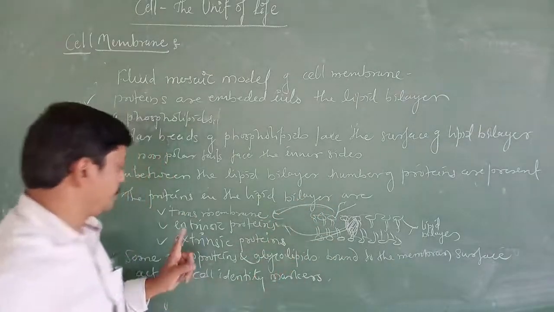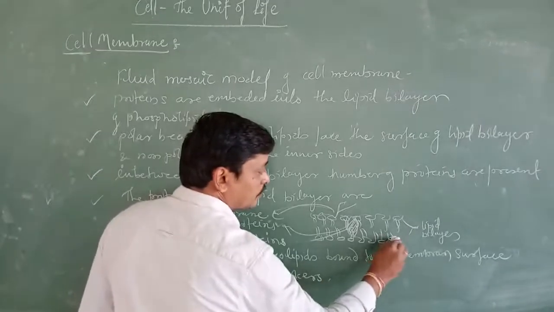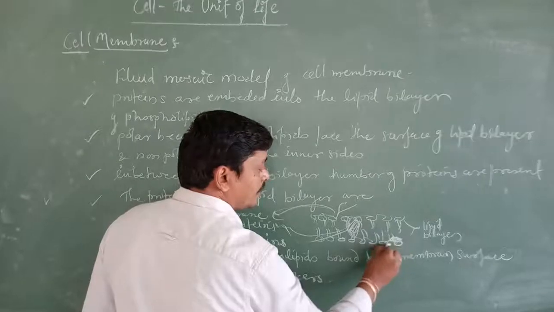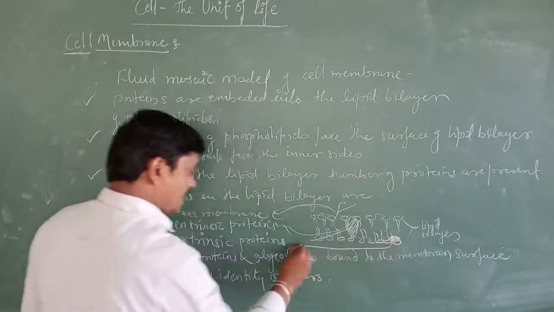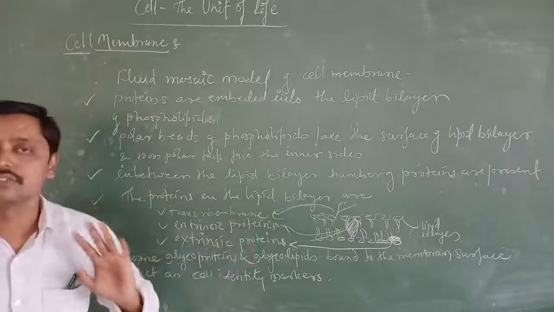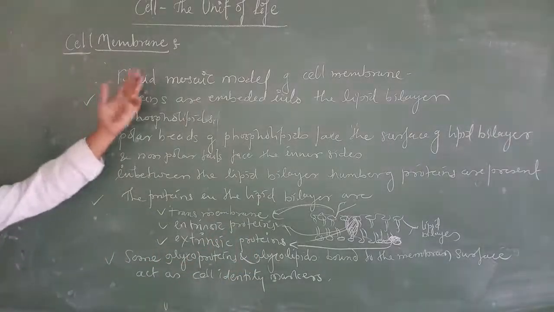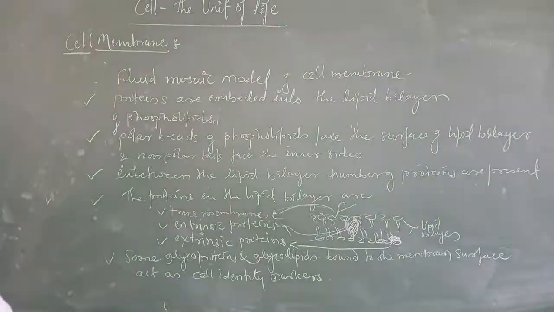Those embedded inside are intrinsic proteins, and exactly here on the lipid membrane, these we are going to call extrinsic proteins. Those are called extrinsic proteins. These you are going to find in a fluid mosaic model or an improved model.